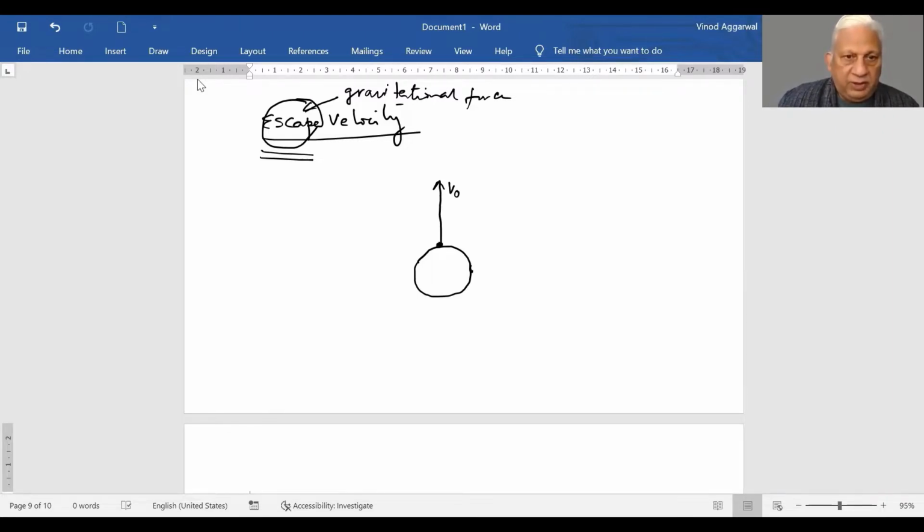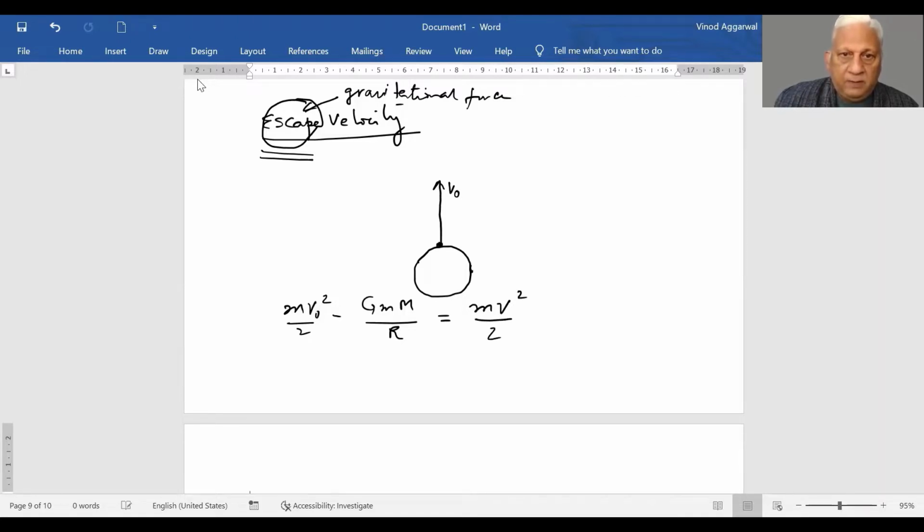What we do is we take the total energy of the satellite before and after firing. Before firing, it will be this, and suppose this is the final velocity which it attains.